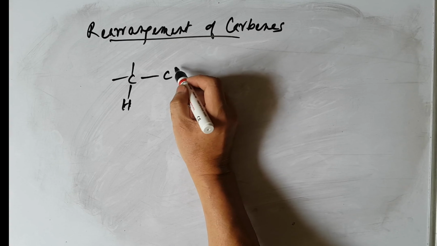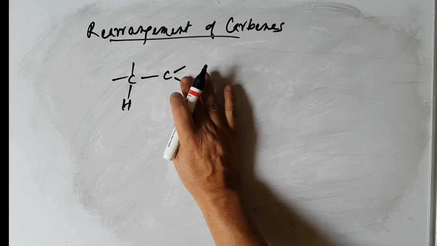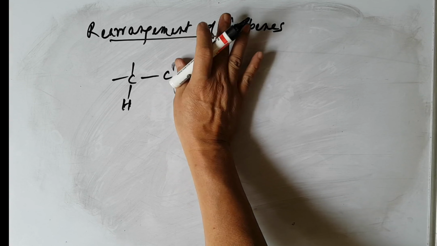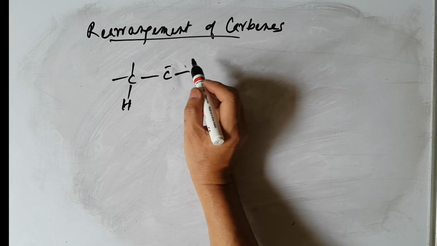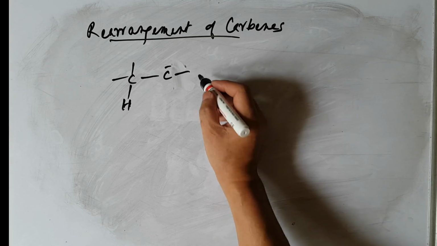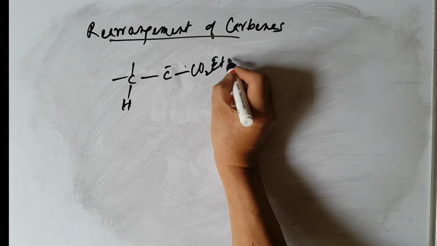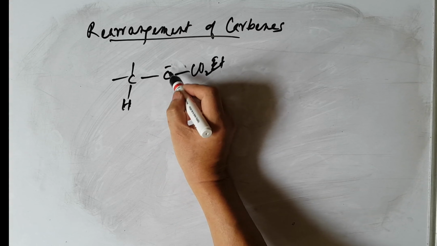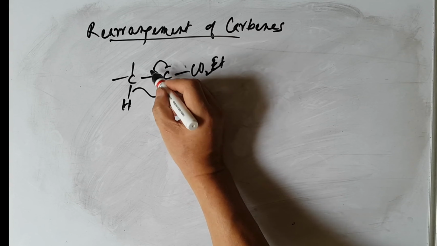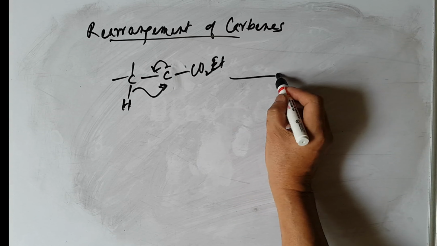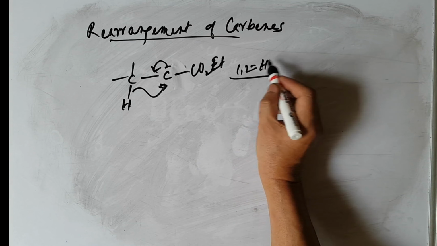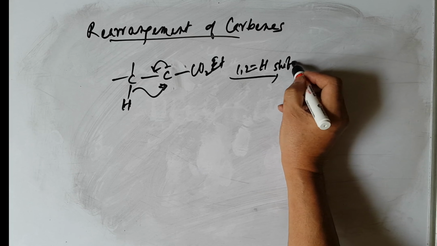Let's say a carbene with CO2Et. So it can undergo rearrangement like this. A 1,2 hydrogen shift takes place, so rearrangement takes place.